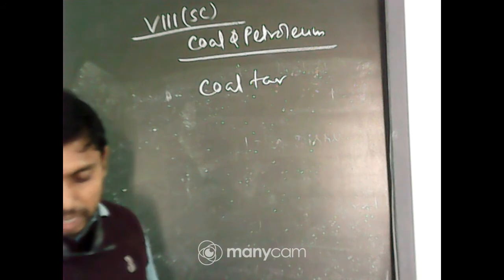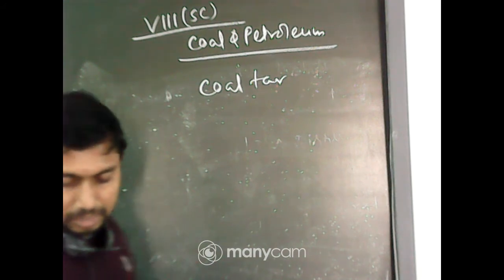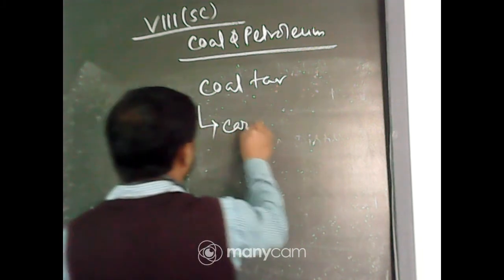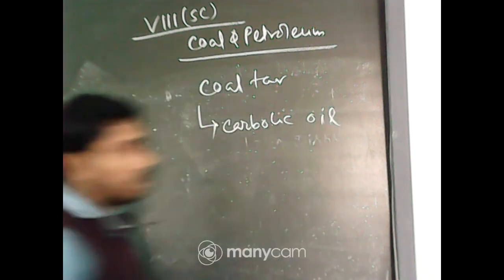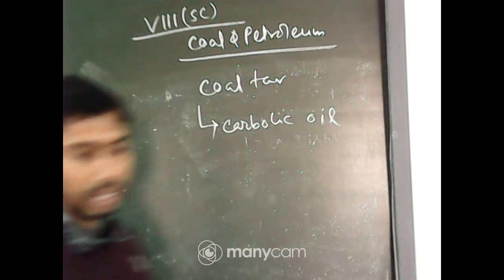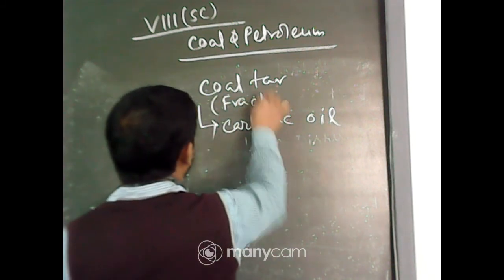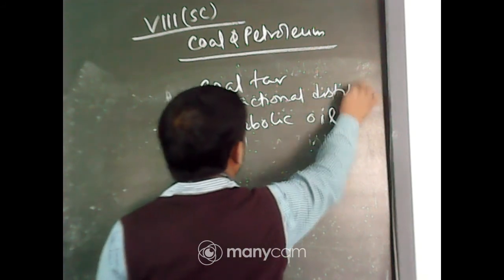Now let us look at this: coal tar will produce the following substances, that is carbolic oil, at different temperatures. Here we will apply fractional distillation, that is heating at different temperatures.